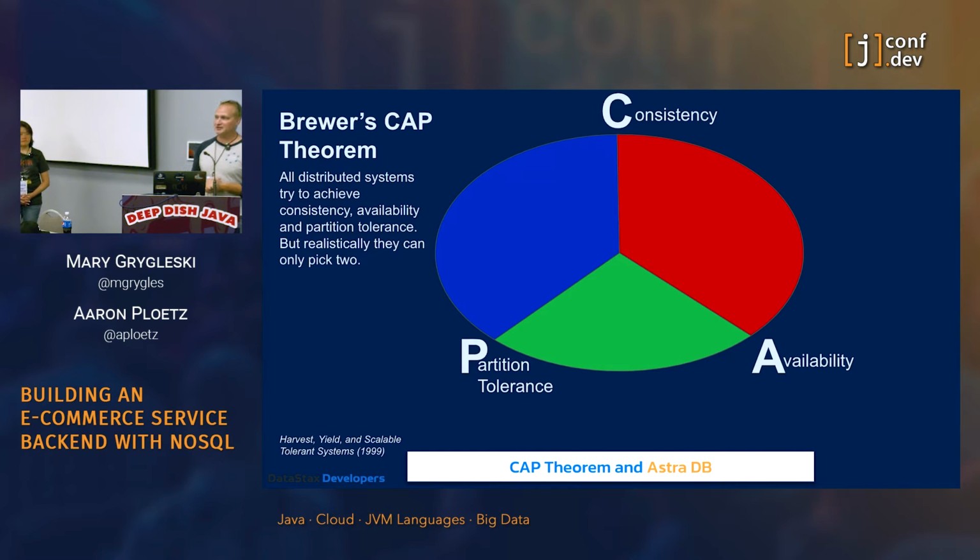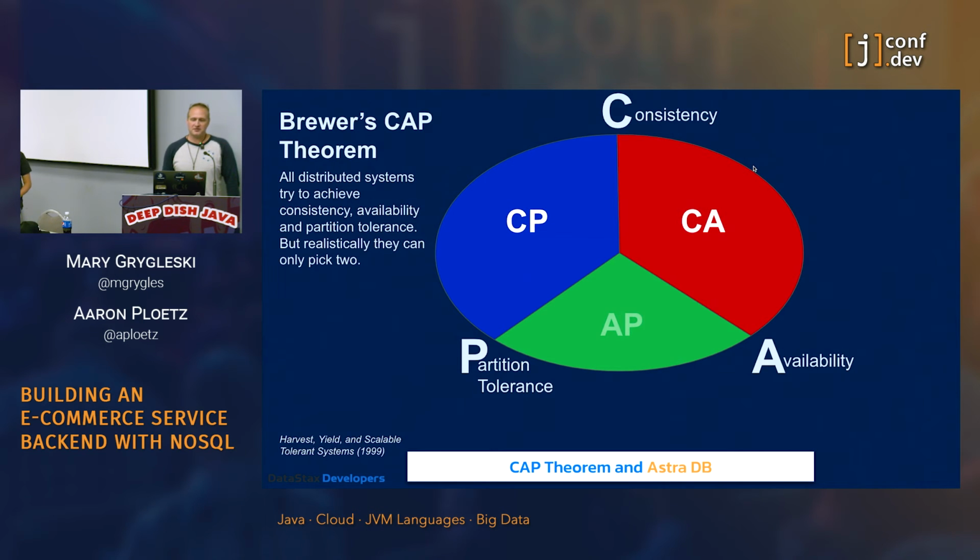Essentially what he said in there is that all distributed systems would try to achieve these three principles of consistency, availability, and withstanding network partitions. But realistically, they could only do two. So that's what it comes down to. It's a choice about making trade-offs, essentially. What do you want to be good at versus what can you afford to be okay at?